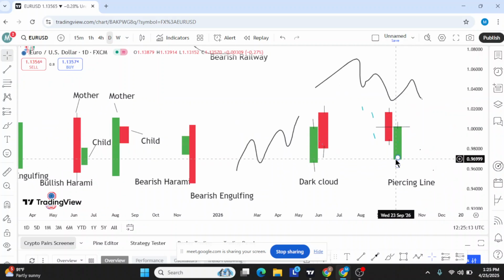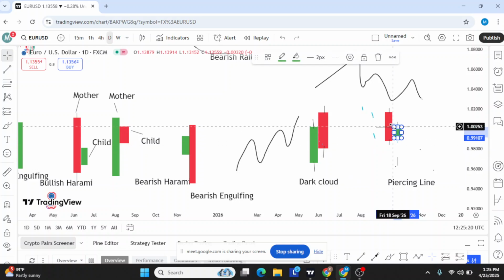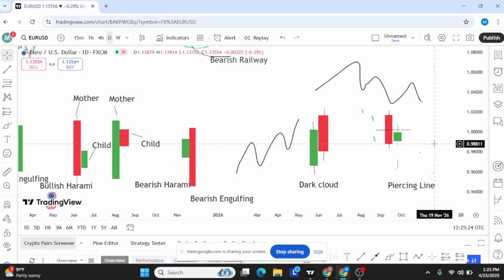So sometimes if this had closed like this, what candlestick pattern is this?